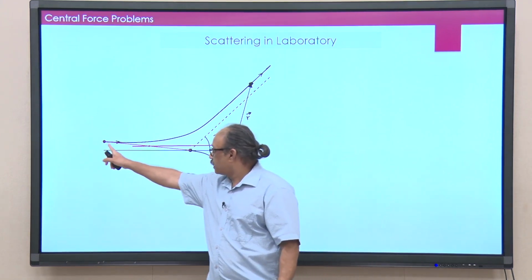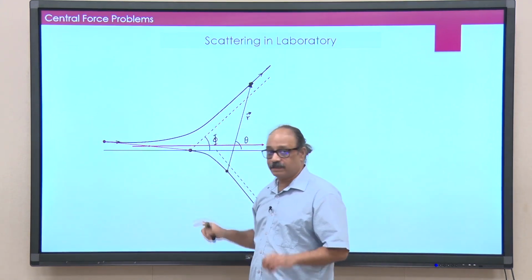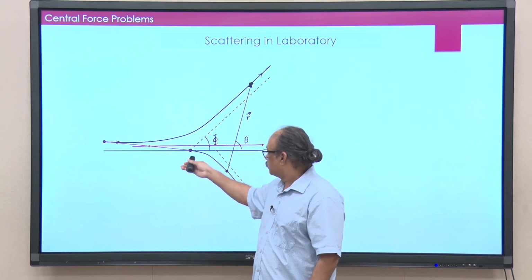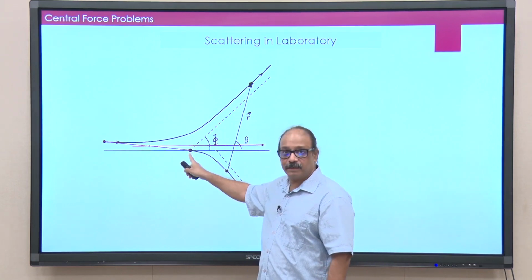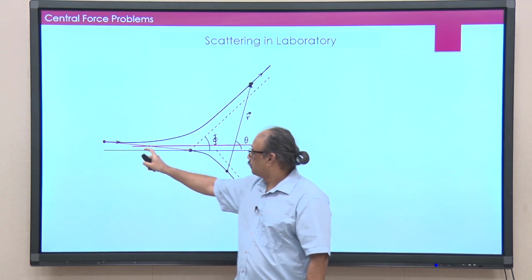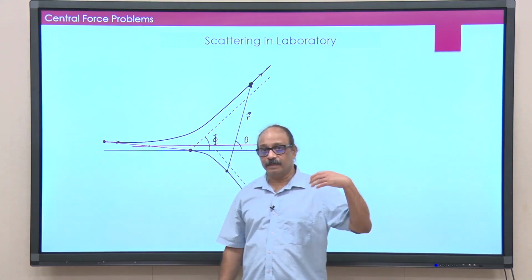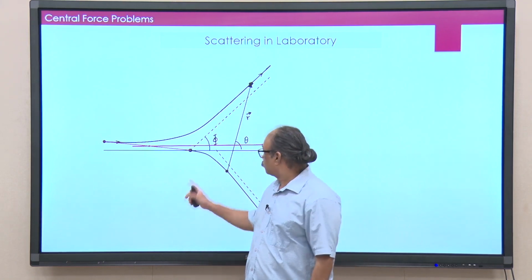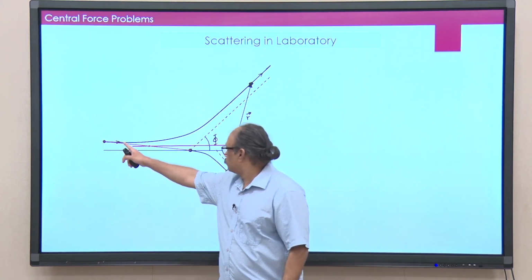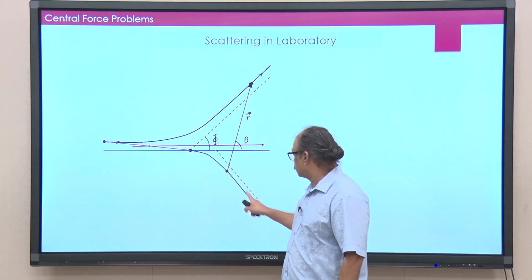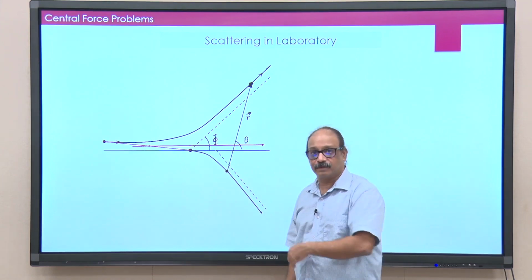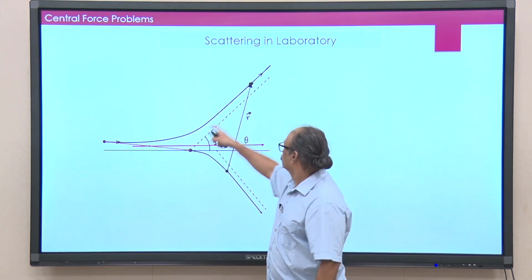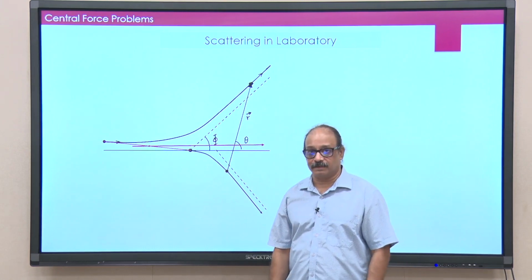So, if you send a particle, initially at t equal to 0, the target is sitting here with 0 velocity, and the particle which is going to come in is at very large distances and is coming towards this. As it comes closer, this will face the recoil, and this will also have a trajectory of its own. So, it will go in one direction, our target particle will go in that direction.